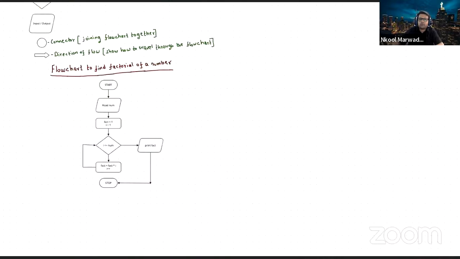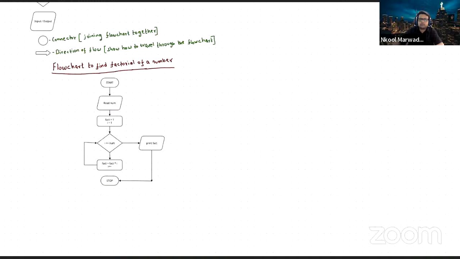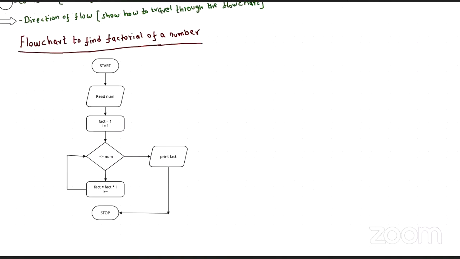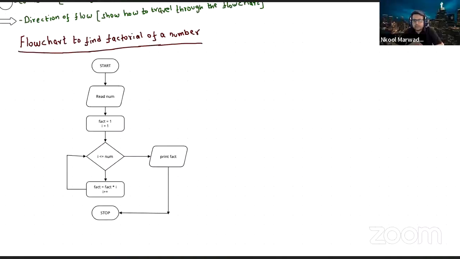In the flowchart, first we start. Then we have to read the number, because to find the factorial of a number, first we want to get the number. Then some initialization: fact is equal to 1, i is equal to 1.